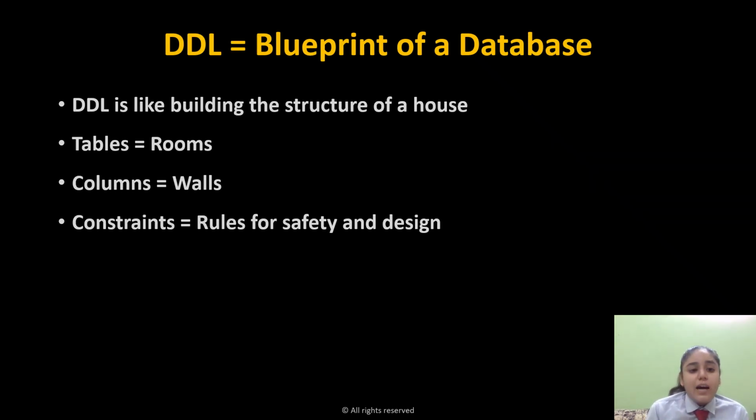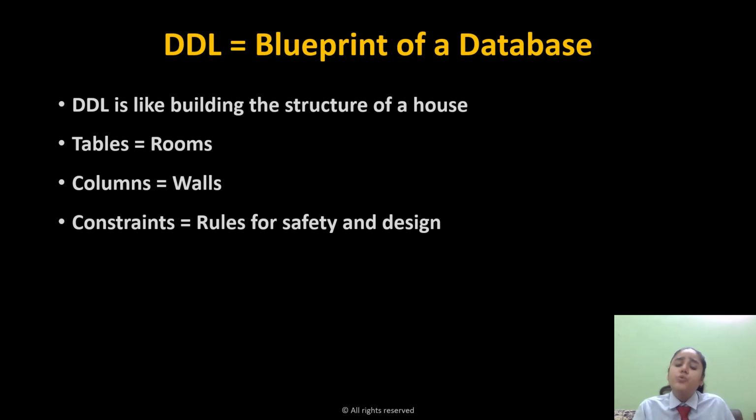Like I already explained, before making the actual house, the architect needs to make the plan. So the table behaves like a room of the DBMS, and the column behaves like a wall. Constraints are like rules for safety.